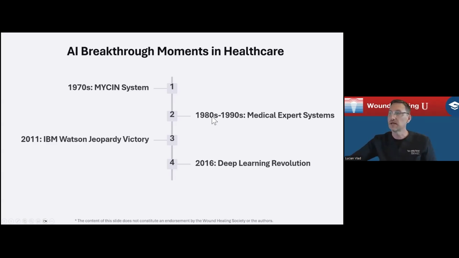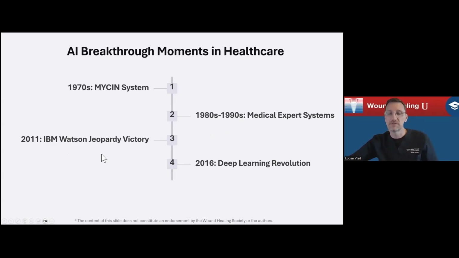But MYCIN and these expert systems relied on extensive manual programming. You had to input the medical rules, and these systems did not have the ability to learn from new cases. Then there was a breakthrough in 2011. You may have heard about IBM Watson, a large language model that actually won the TV quiz show Jeopardy.